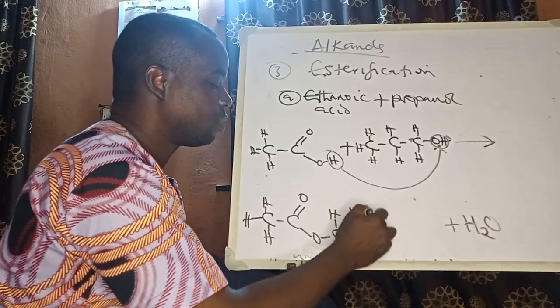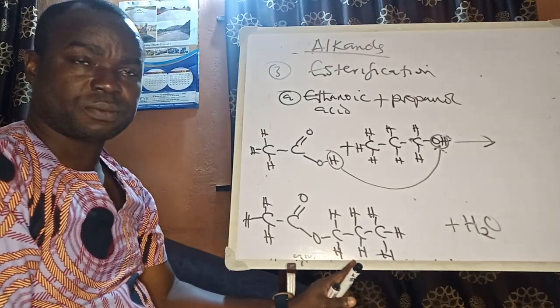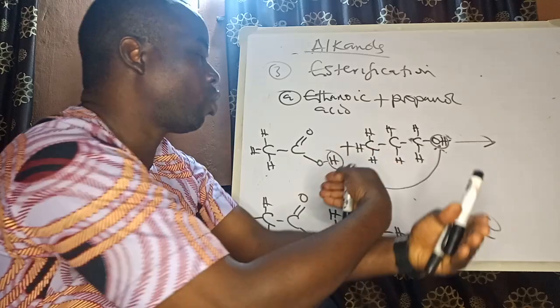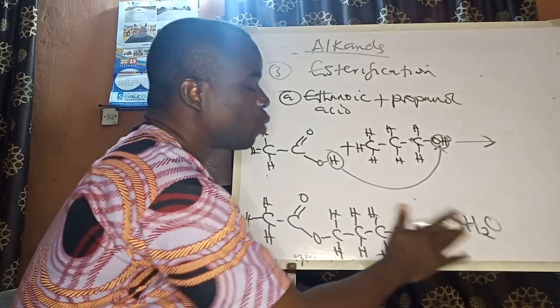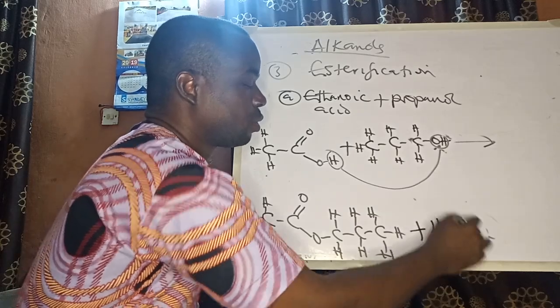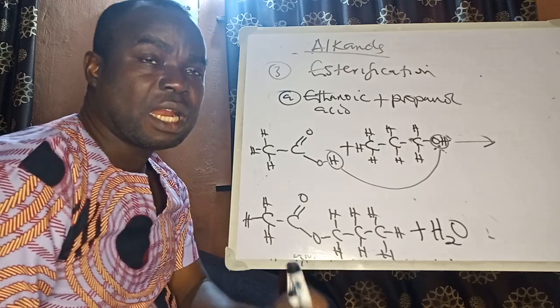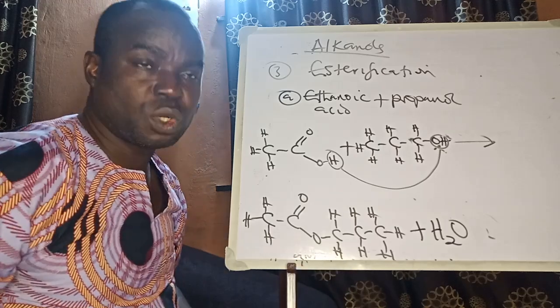So now I have C, H, H, H. You see the product now. So it's more like you carry this one, turn it and join here. Let me bring this water closer. So it will be plus H2O. Can you see how I did it now? Now let me do it the other way around so they can understand it better.